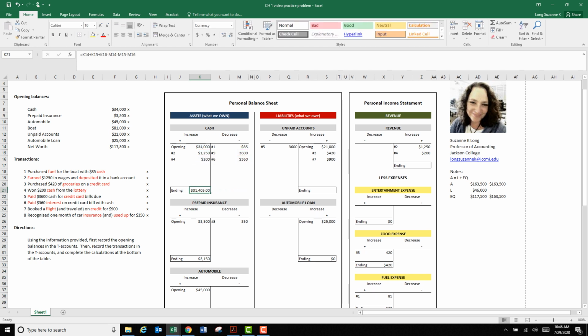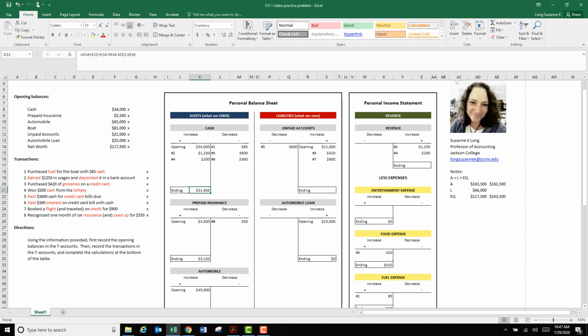There we go. It gave me 2 decimal places. I don't really want 2 decimal places. Right here I can play around with my decimal. And if I look at this, 31,000 seems reasonable to me. I'm adding a little more than 1,000. I'm taking away a little more than 4,000.